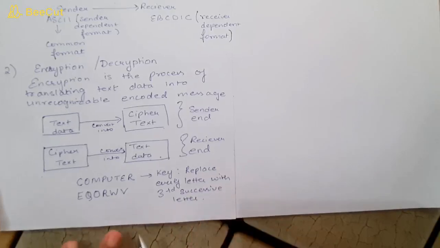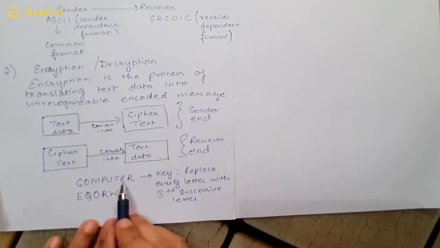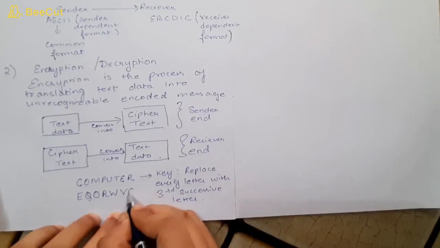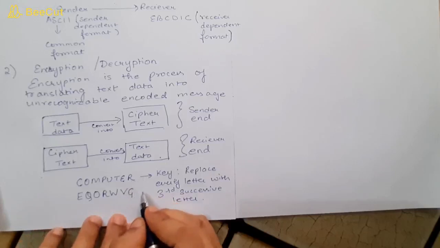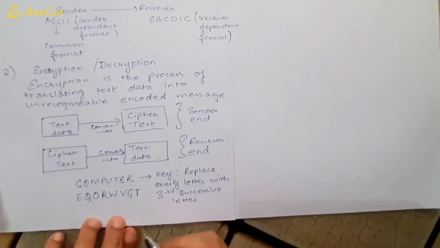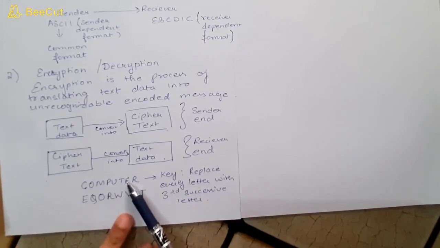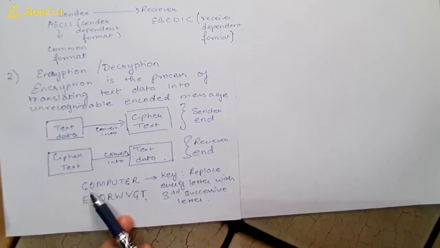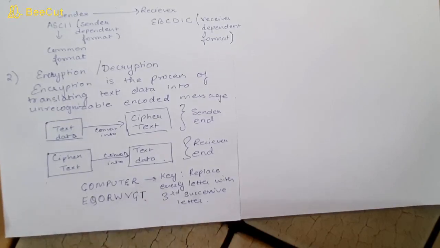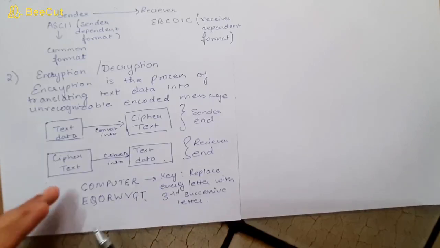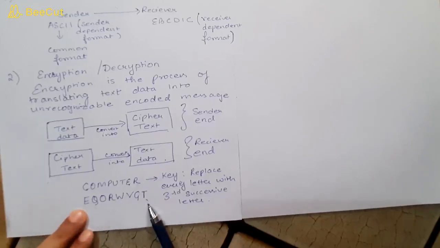So we have E; for E, E, F, G, so it will be G. For R, R, S, T, so it will be T. Starting from this alphabet and taking it as 1, you have to write the third successive letter. Now see, if you are sending "computer" directly, it is readable. Anyone can retrieve this information and use it. But if you are sending the information in this form, it is difficult to retrieve the exact meaning.